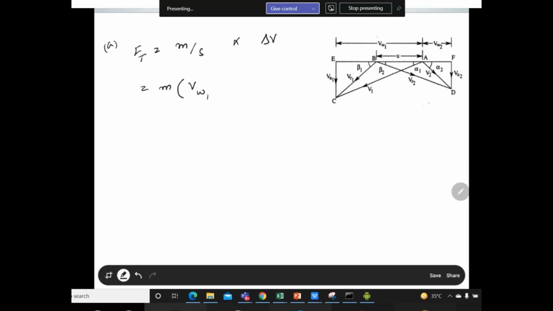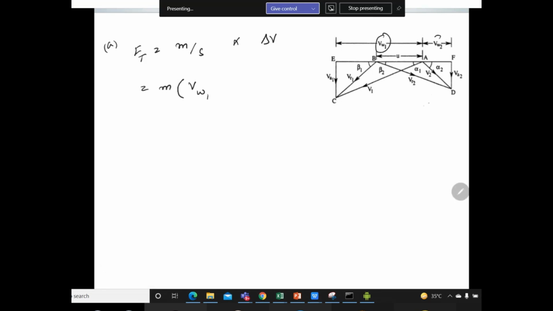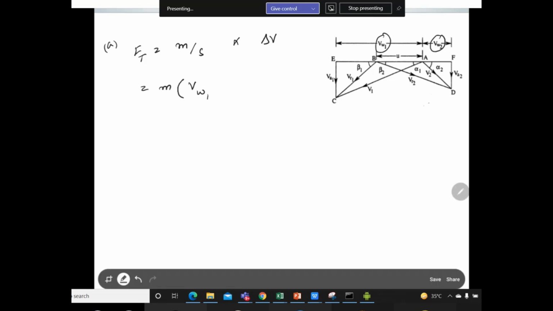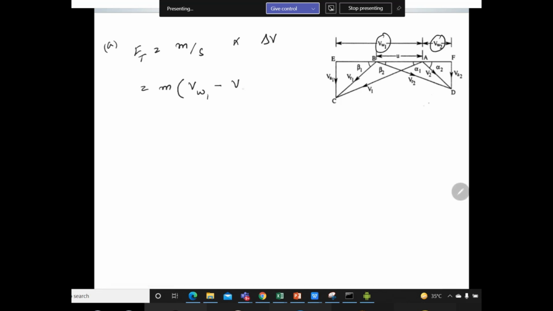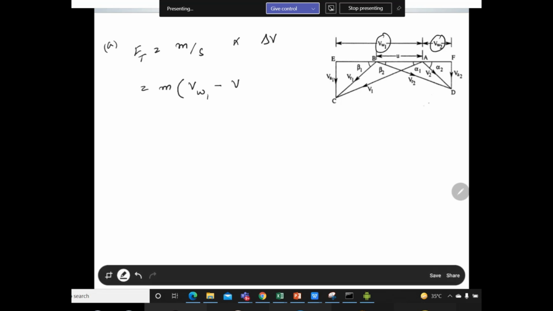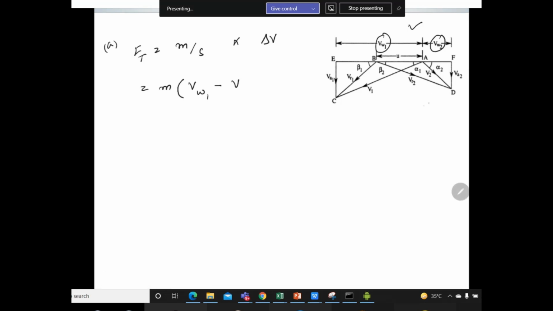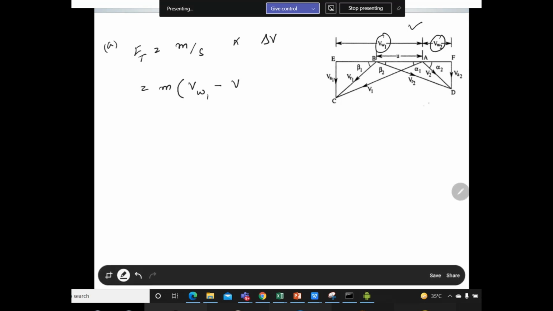So this is the tangential component: VW1 minus VW2. Another important point is, do not confuse this figure with the figure which I already drew in the previous slide. I have only made the orientation different from that.